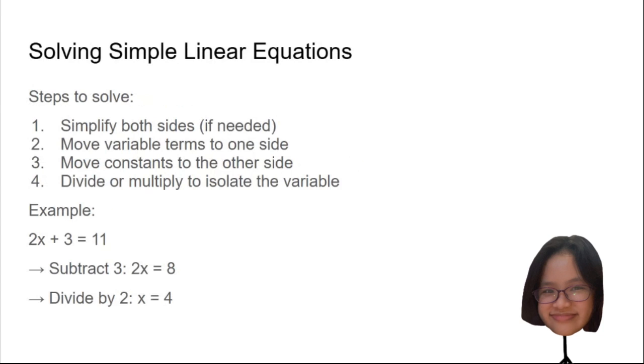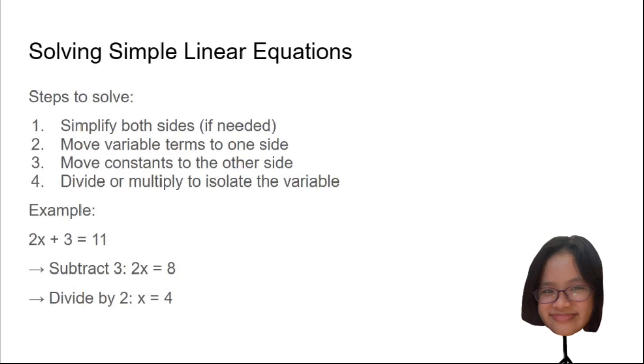Now let's move on. Solving simple linear equations. These are the steps to solve this: simplify both sides if needed, move variable terms to one side, move constants to the other side, and divide or multiply to isolate the variable. This is an example of it. 2x plus 3 equals 11.